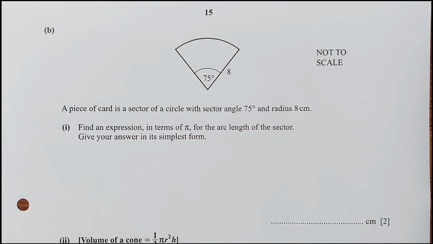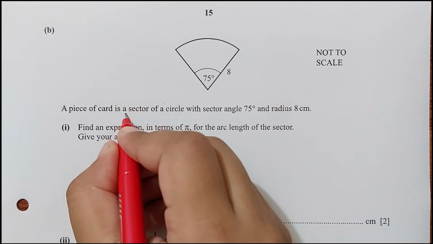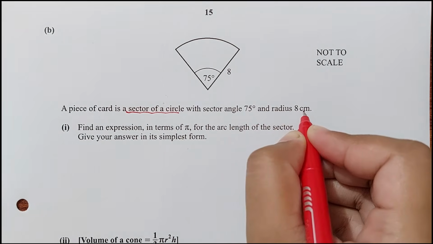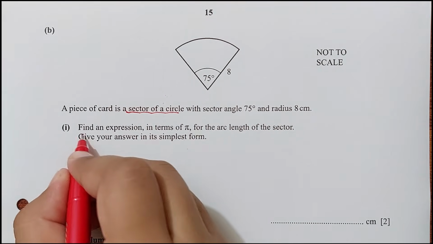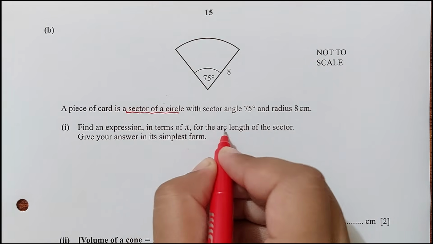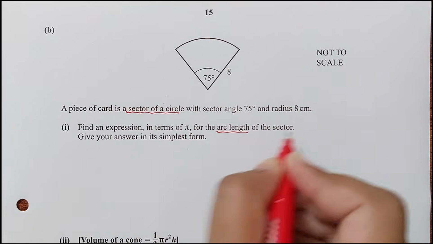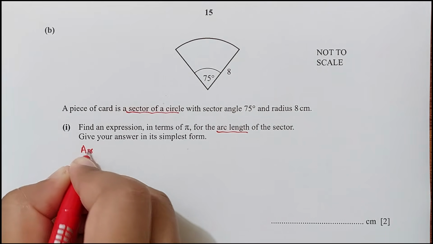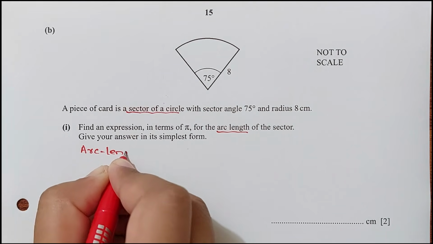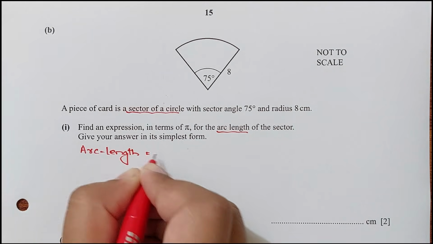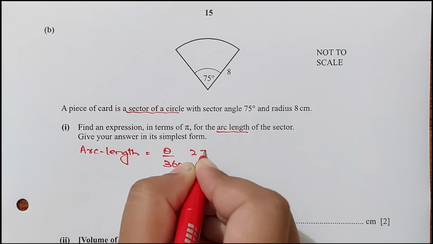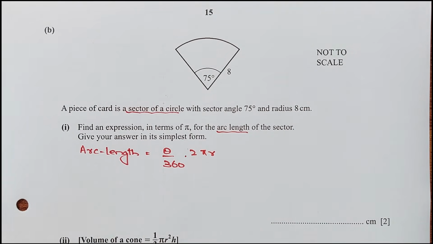Now for part B, a piece of card is a sector of a circle with sector angle 75 degrees and radius 8 centimeters. Number 1, find an expression in terms of pi for the arc length of the sector. Give your answer in its simplest form. Arc length is theta over 360 times 2 pi r, right?